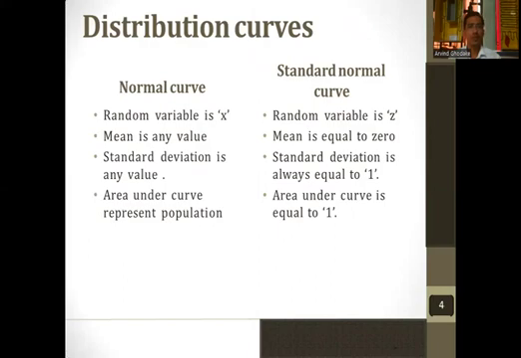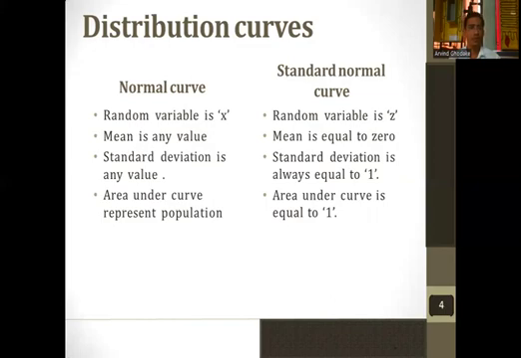Next is the distribution curve. The data from the sample can be distributed in two ways: one is a normal distribution curve and the second is a standard normal distribution curve. In a normal distribution curve, the random variable is x, and in a standard normal distribution curve, the random variable is z.